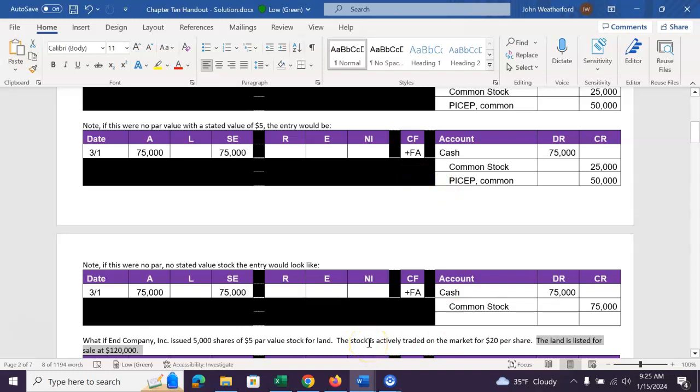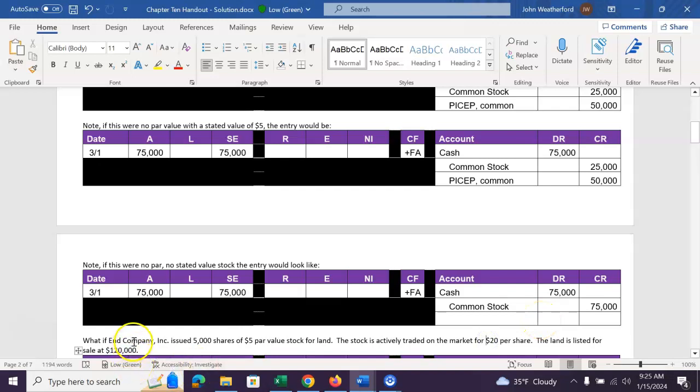We would normally put the land on the books at its cost, right? Well, this stock, instead of trading it for land, what if N Company could have issued the shares on the open market at $20 per share, right?